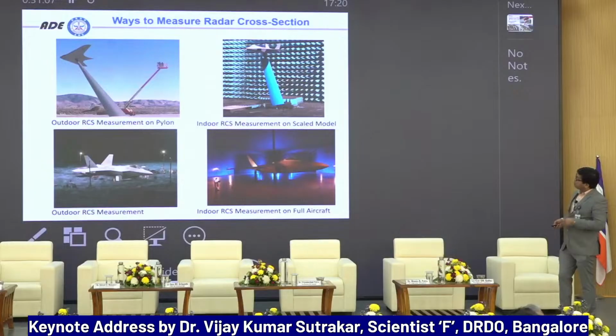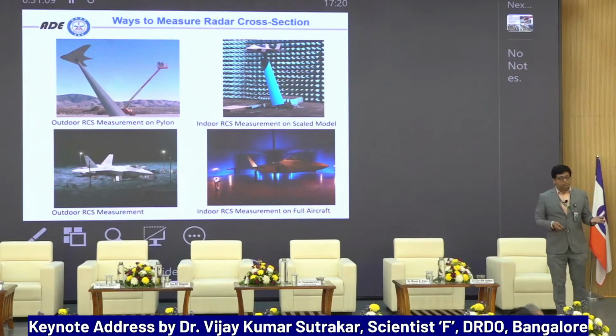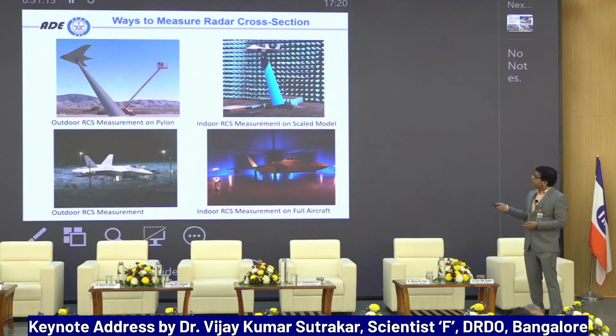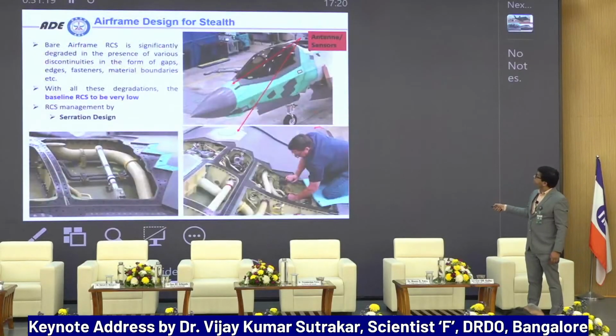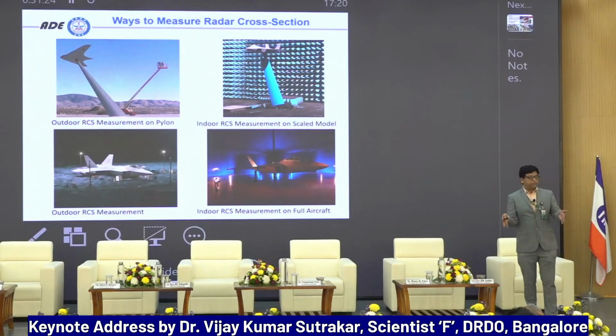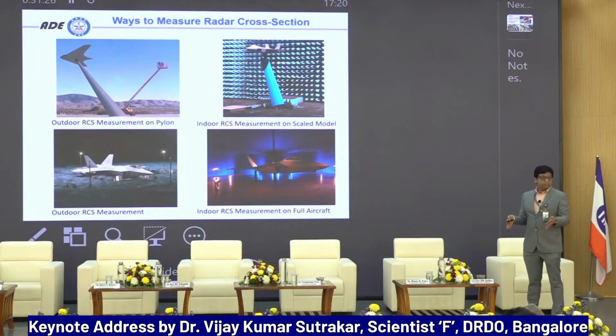Once we complete the design, we'll take it to some of the labs where we have facilities to do the measurements. Normally we use anechoic chambers, where we can test a scaled-down model and take measurements for the initial development of the programs.